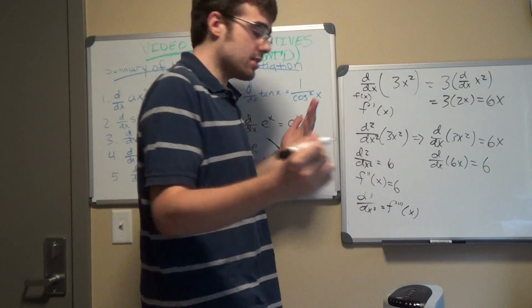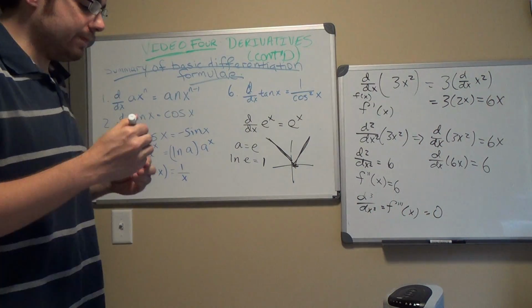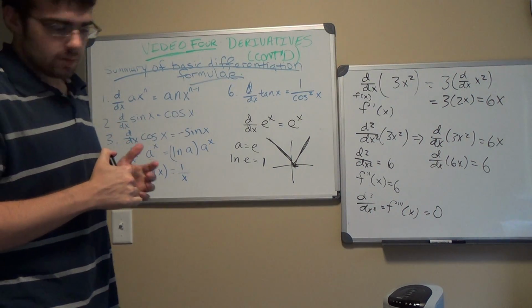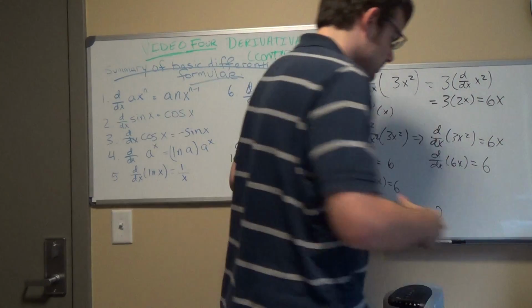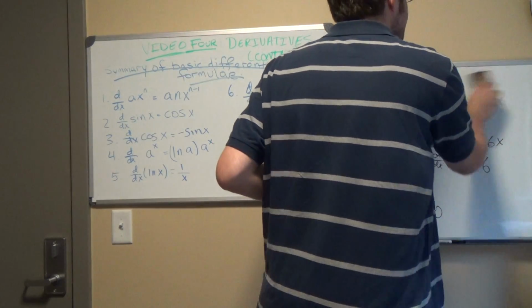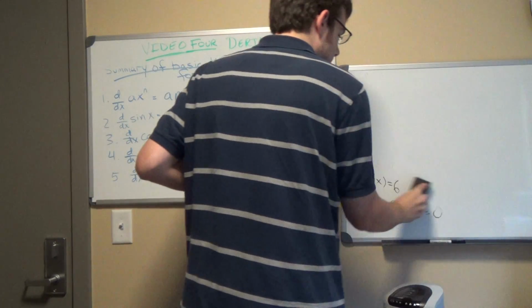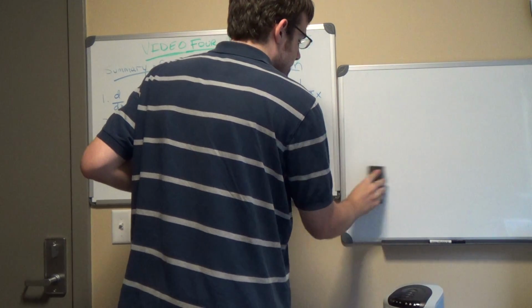The derivative of 6 is simply 0. So that's how you find higher order derivatives. You basically just repeat the process.